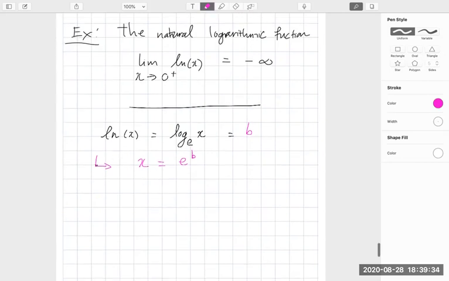So in our case, which value of b makes 0 equal to e to the b? Definitely in this case, b should be negative infinity, right? Okay.